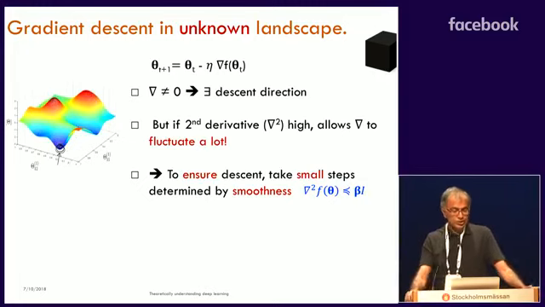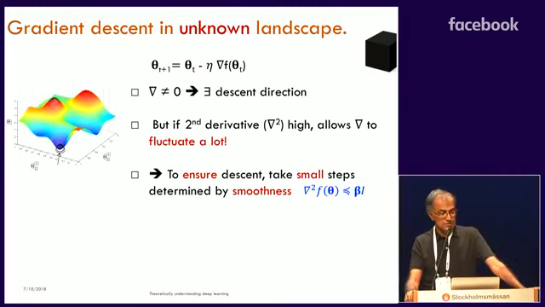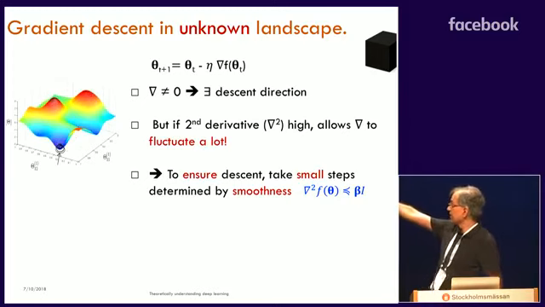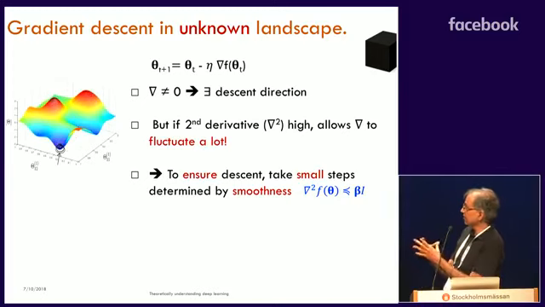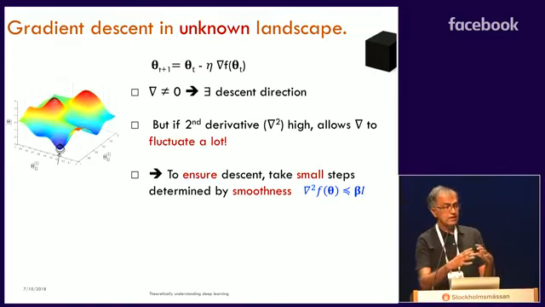So to ensure descent, you have to take small steps that are determined by the smoothness. OK, so there's some bound on the second derivative. This is just saying that this second derivative matrix, if there are d variables, is a d by d matrix, which is the partial derivative with respect to xi, xj.